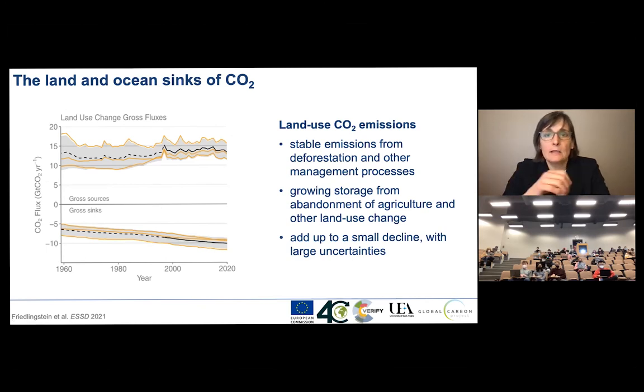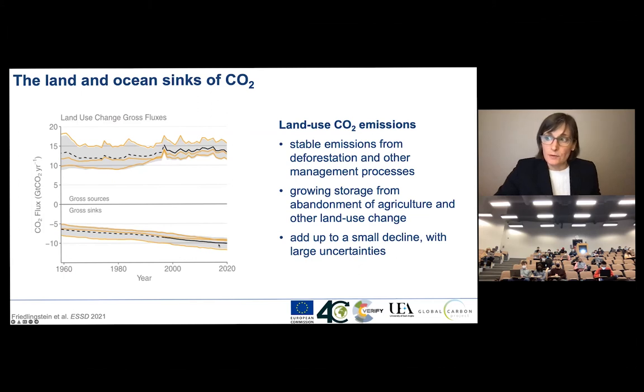But the total net land use emissions is really made of a bunch of processes. There are land use processes that emit CO2, like deforestation and wood harvest, which is what you see here. And there's a bunch of processes which take up CO2, which is what happens after the abandonment of agriculture or when forestry regrows the trees.